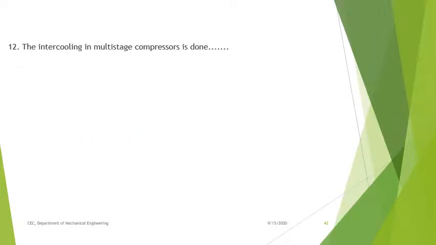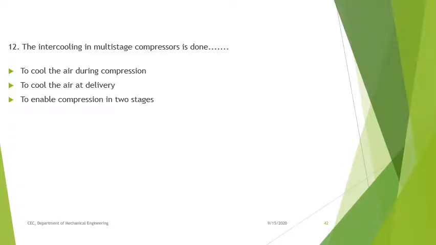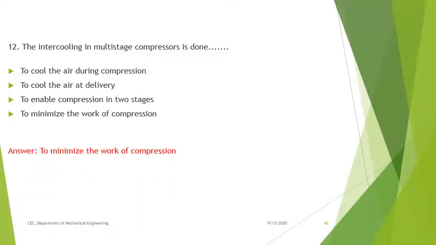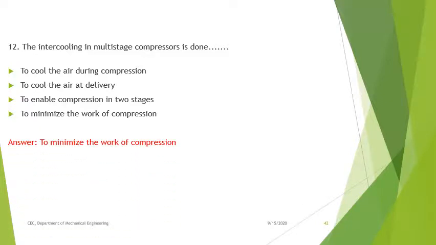The intercooling in multi-stage compressor is done for: to cool the air during compression, to cool the air at delivery, to enable compression in two stages, to minimize the work of compression. Answer is to minimize the work of compression.